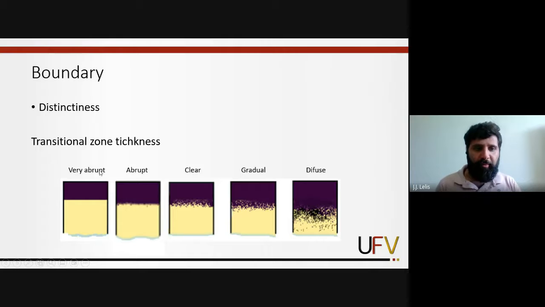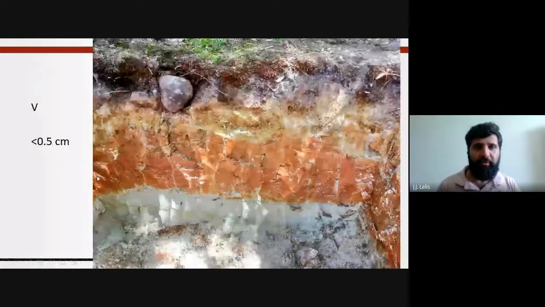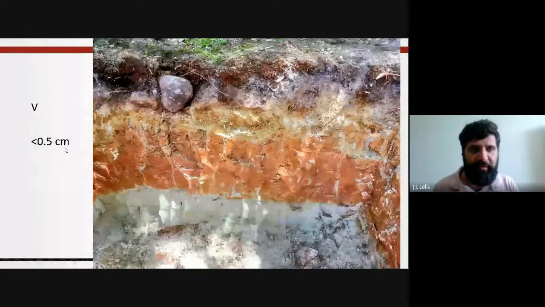The very abrupt boundary is defined by a transitional zone that is very, very thin. It's less than 0.5 centimeters. So I can see a change from this yellow or orange horizon to this gray horizon. The change is very, very thin.